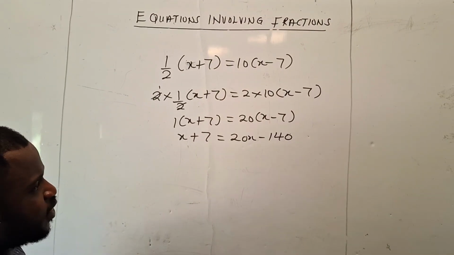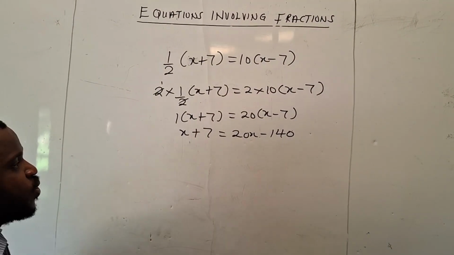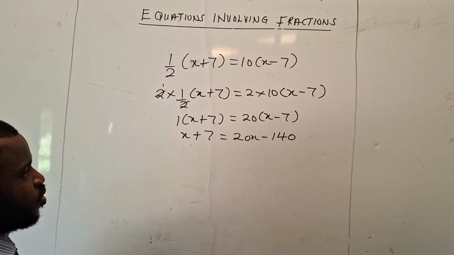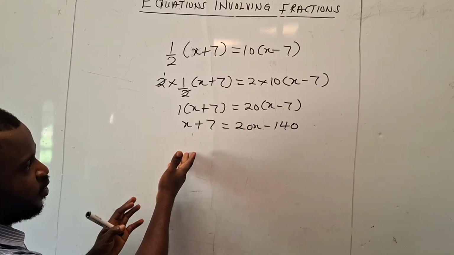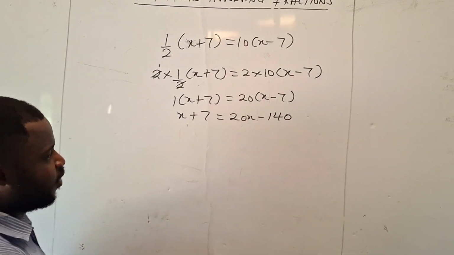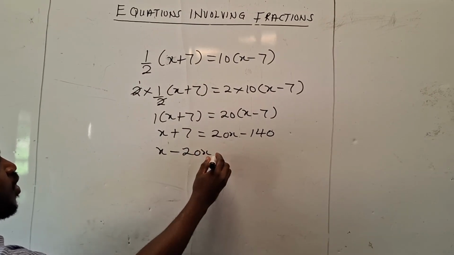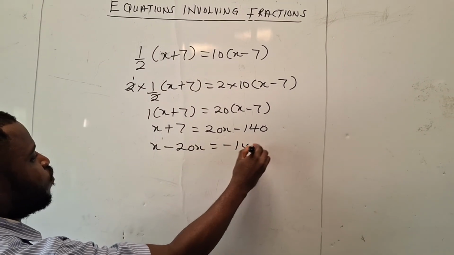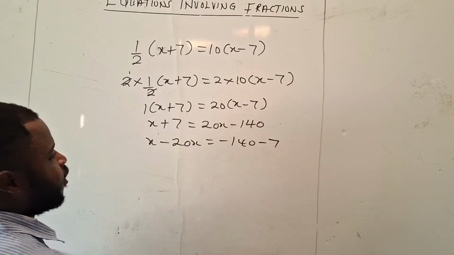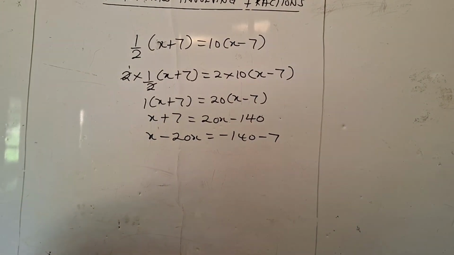So we have to group like terms, and in grouping like terms, we have to bring this here, then send this one there. Yes, so we are going to have x minus 20x is equal to negative 140 minus 7.